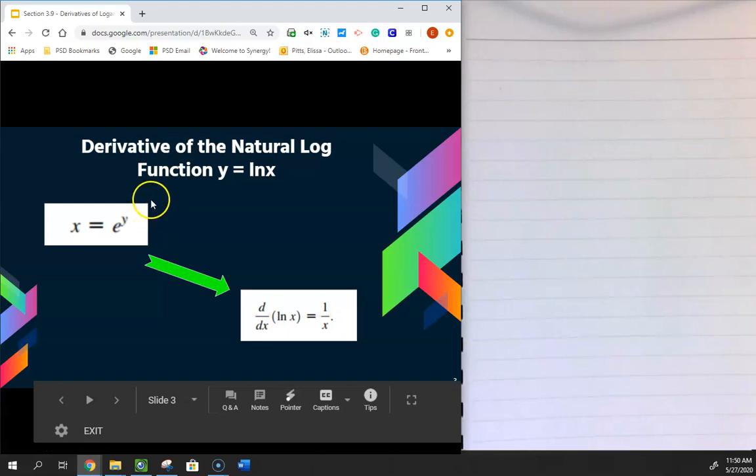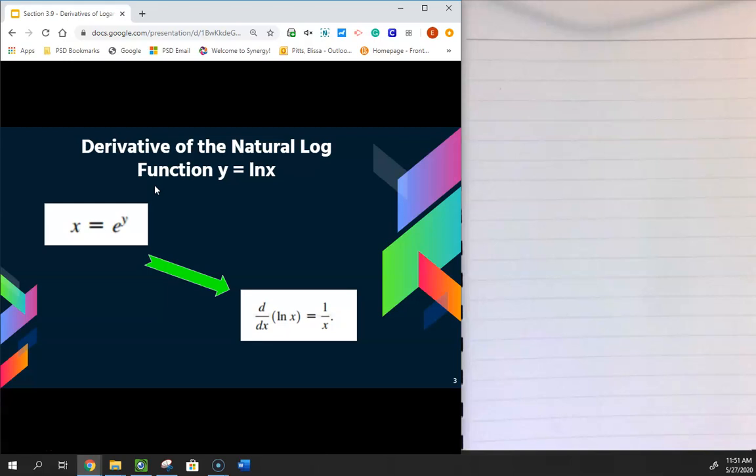So let's use what we know about implicit differentiation and the properties of exponential and logarithmic functions, and let's develop the derivative of the natural log of x.